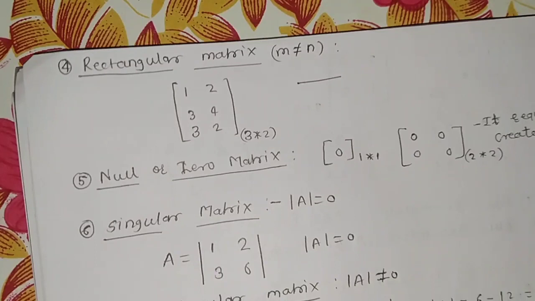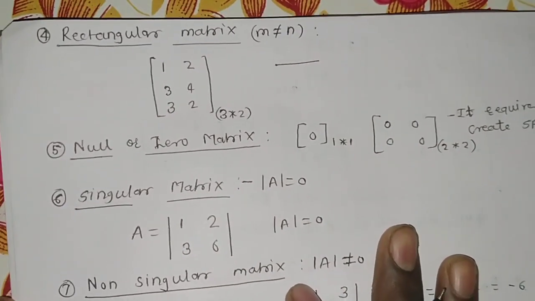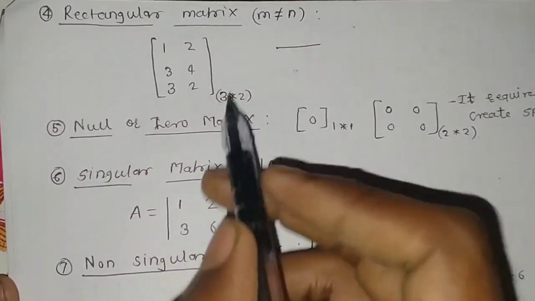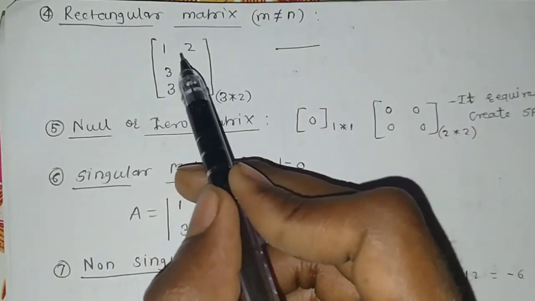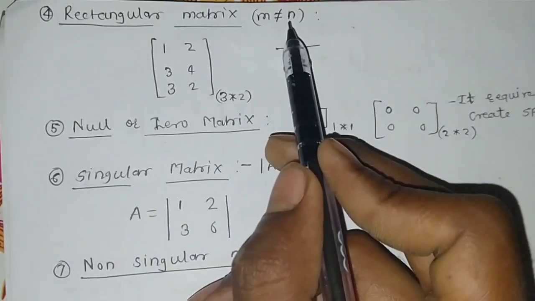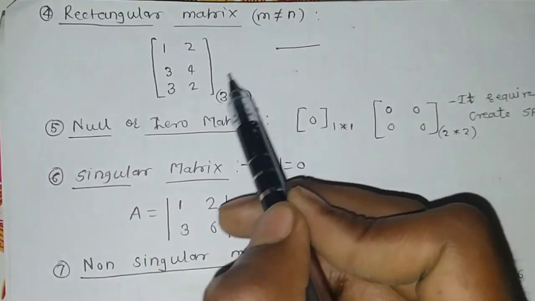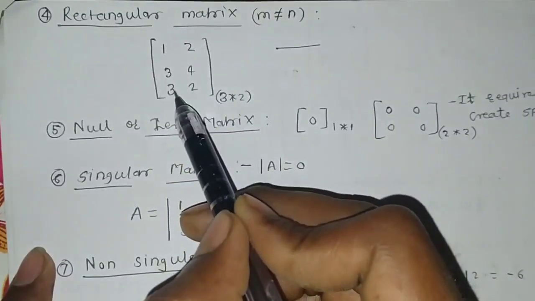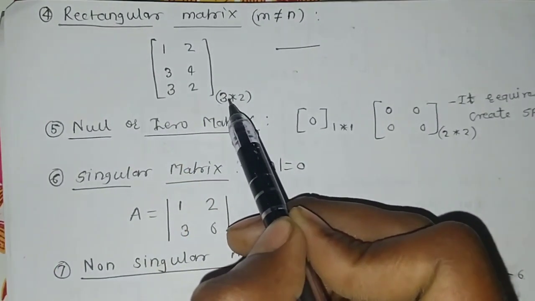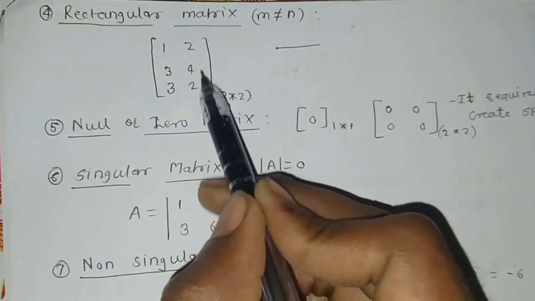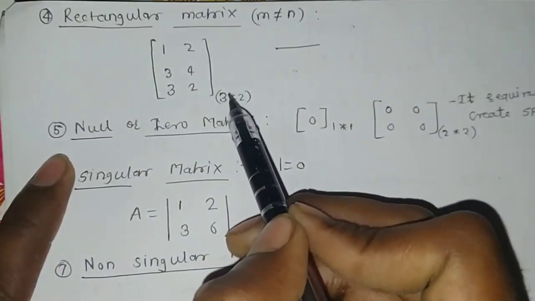Okay, so here next one, rectangular matrix. So here rectangular matrix means number of rows is not equal to number of columns. So here 1 2 3 4 3 2, so order can be represented by 3 rows and 2 columns, so that will be like this.